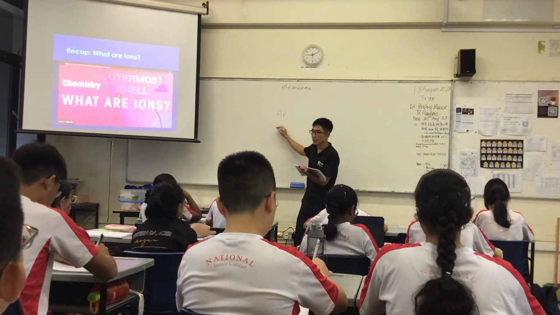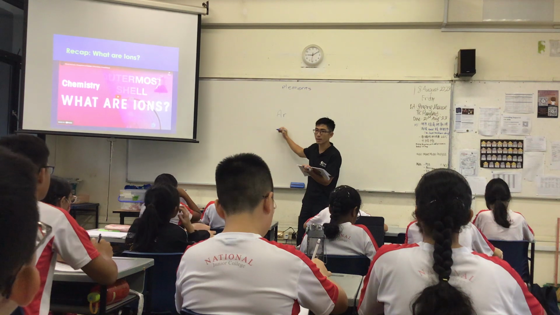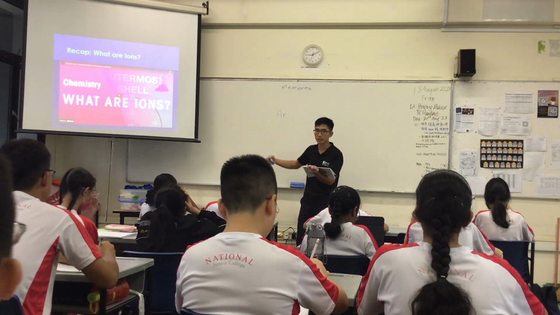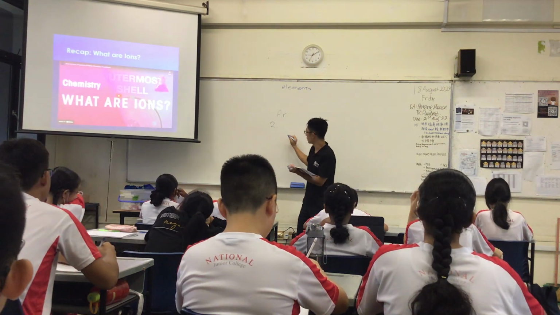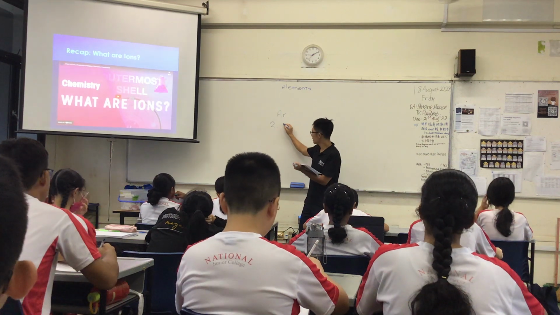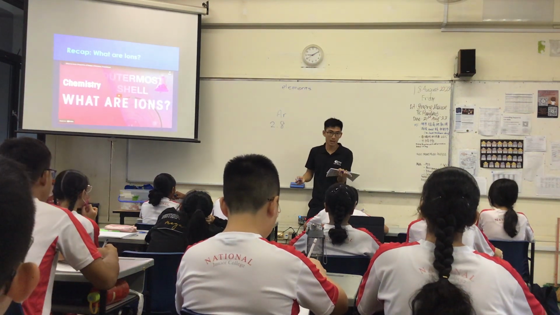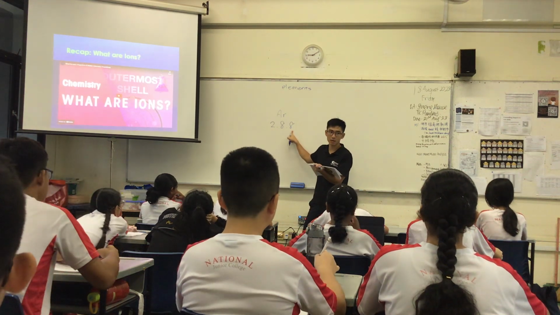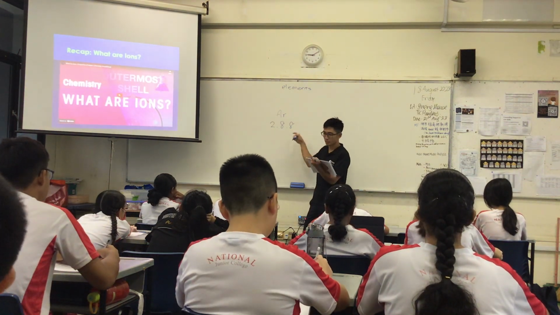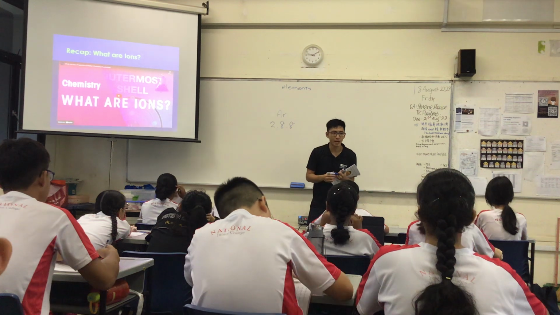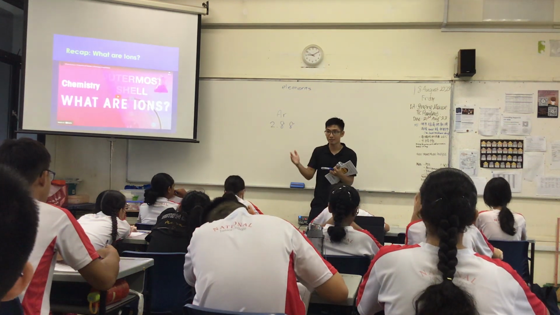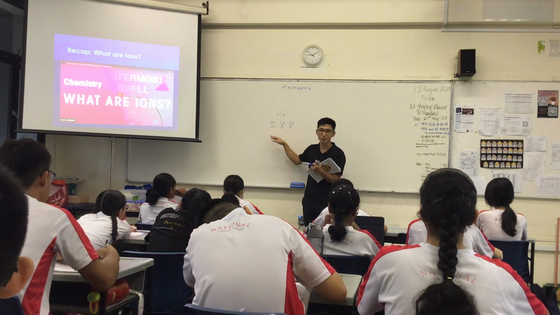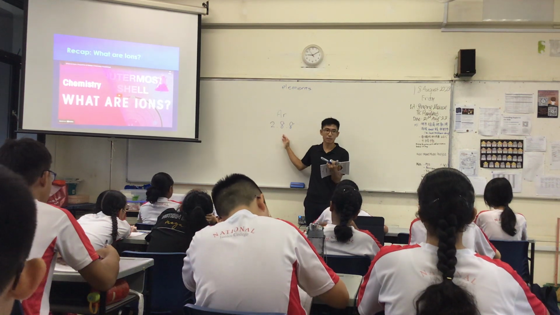So if you want to know the electronic configuration, that means how many electrons are in each shell from inside out. The innermost shell should have 2, that's a max. Second shell should have 8, that's a max. Last shell is 8. 2 plus 8 plus 8 is 18. Okay? Actually, once you get a hang of it, you notice anything above 10, you just first put 2, 8 in the first 2 shells. Yeah? Because it's simple math.